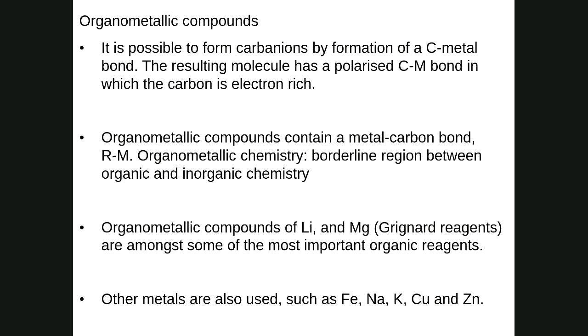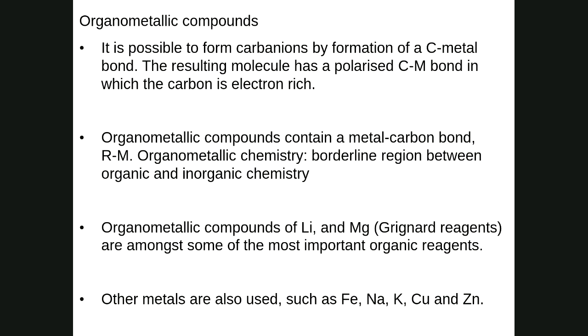An example of an atom or atoms that have empty orbitals of reasonable energy that can be used is a metal ion. So it is possible to form a carbanion by the formation of a carbon-metal bond.